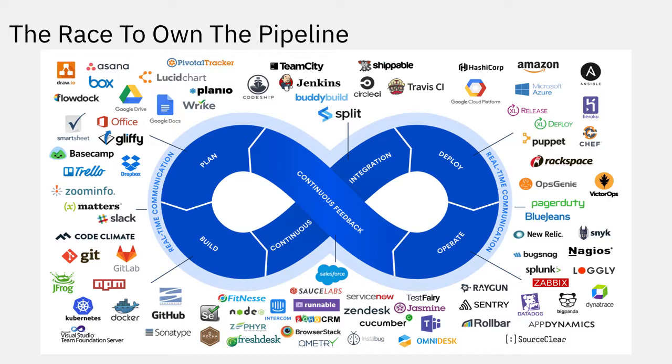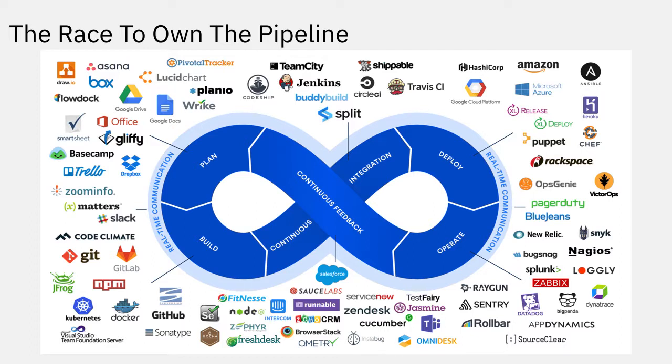And let's look at the build phase. Now, there are tools ranging from GitHub to Git to JFrog to Docker containers to Kubernetes to whatnot. There are several technologies and tools that are available to help you in the build phase.